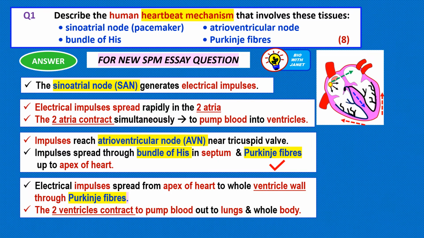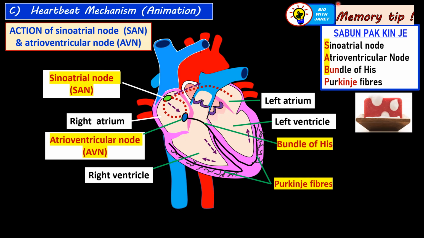So it's the same as what I've discussed just now. Please read through it, and also copy down these smart notes into your notebook. Look at this animation of the heartbeat mechanism. Firstly, the sinoatrial node, SAN, will generate an impulse that spreads to the left atrium and also to the right atrium. So both atria will contract together.